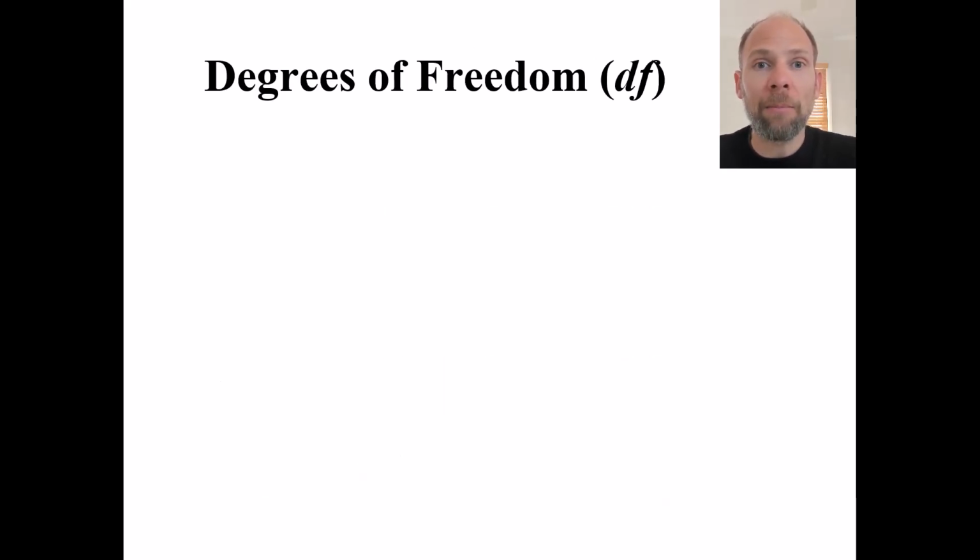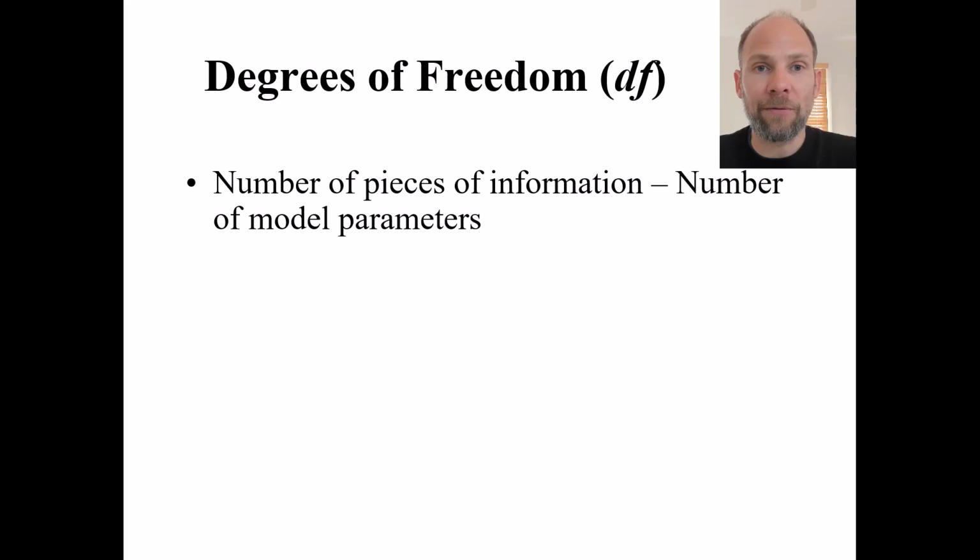Now, back to our model, we can look at the relationship between the parameters that we want to estimate and the pieces of information that we just calculated, and that is often done in the calculation of the degrees of freedom. The degrees of freedom are given as the number of pieces of information minus the number of free model parameters.